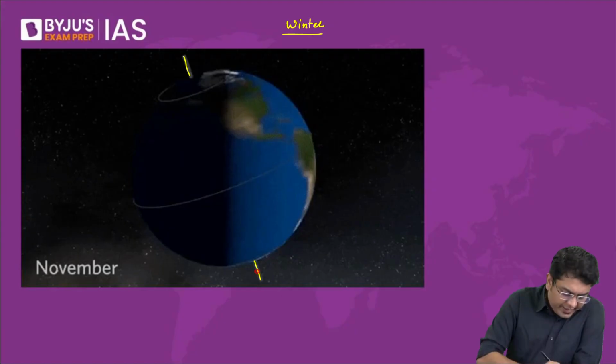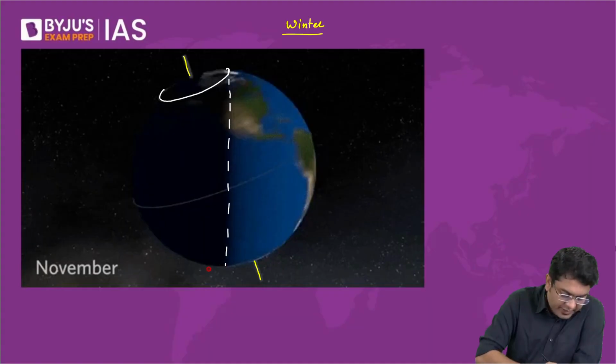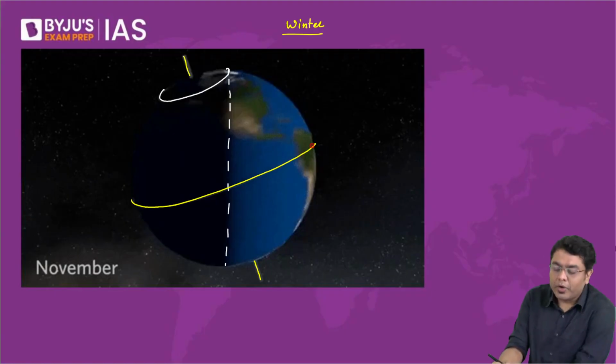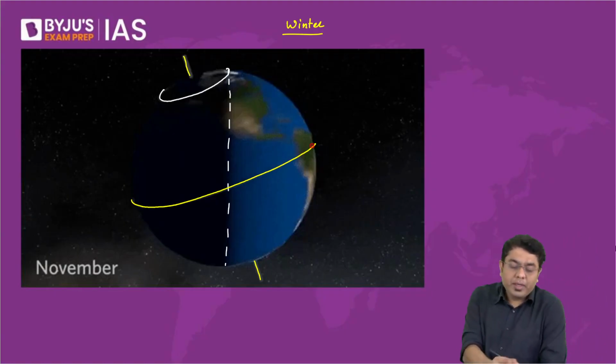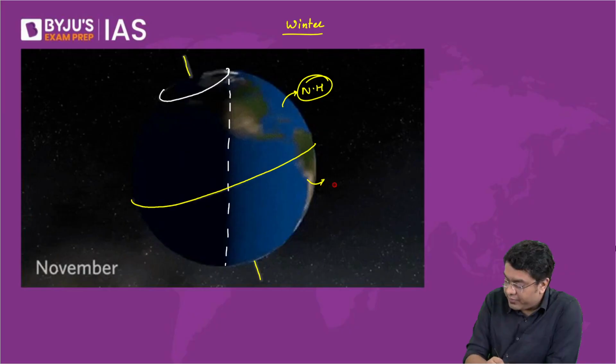Okay. And here, observe the Arctic Circle. This is your Arctic Circle. This is your circle of illumination, differentiating the day and the night, and this is your equator. Okay. Now, here, this is your northern hemisphere. This is your southern hemisphere.